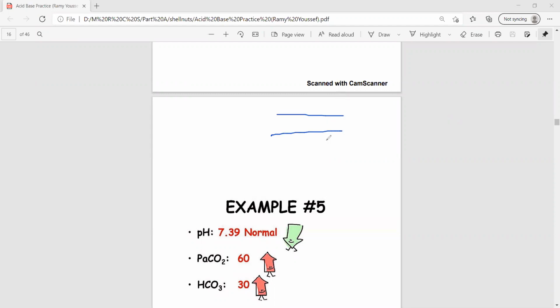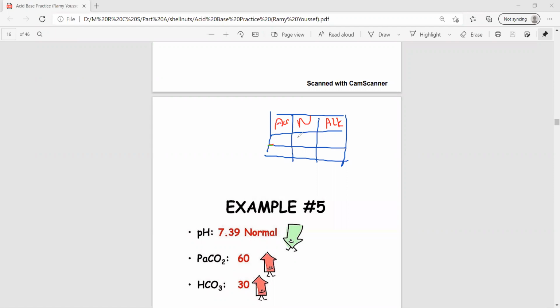Let's draw our table. Here is acid. Here is normal. Here is alkali. Okay, go. What is the pH here? pH is normal.